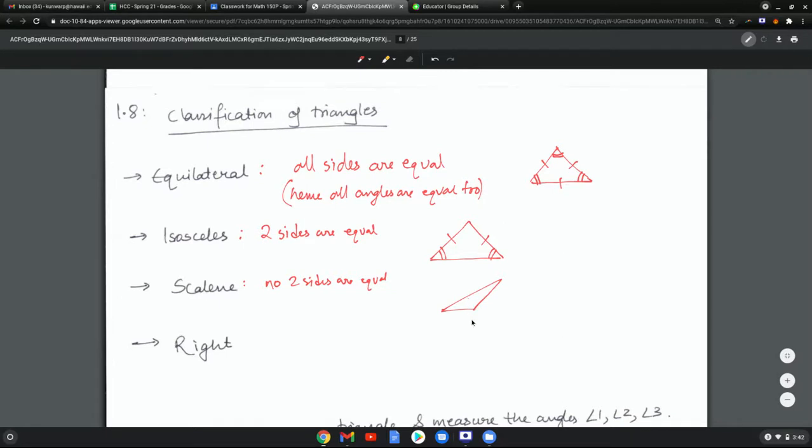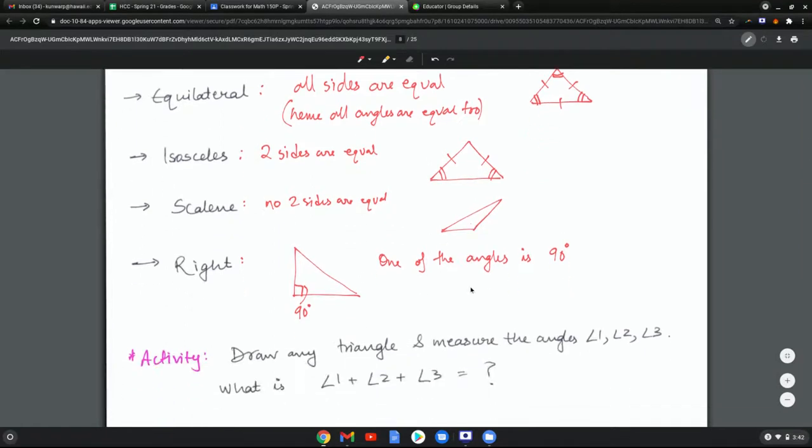I'm not going to put any dash because all the lengths are different. And a right triangle, which again, remember, this box means that this is 90 degrees. The right triangle means that one of the angles is 90 degrees. Now you don't care about the remaining two, but one of them is 90 degrees.